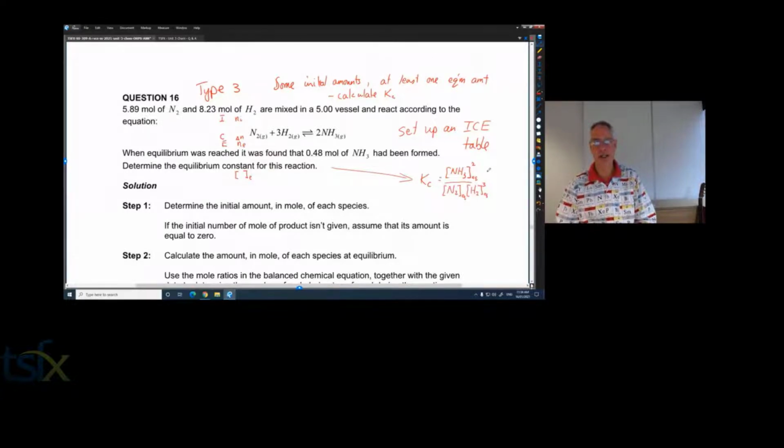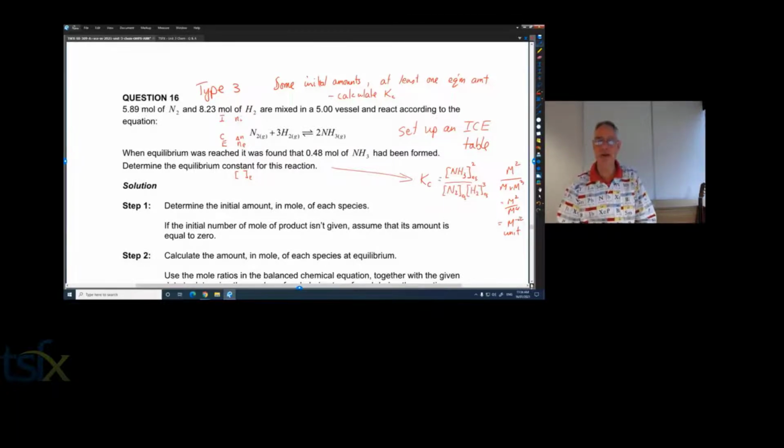Please tell me you're now getting the hang of writing the expression for an equilibrium constant. It says determine the equilibrium constant. It will need a unit. Let's plan the unit in advance. It'll be molar squared on molar times molar cubed. That's molar squared on molar to the 4th. That's molar to the -2 as the unit.